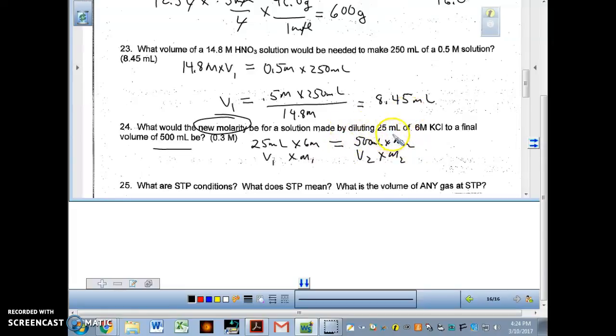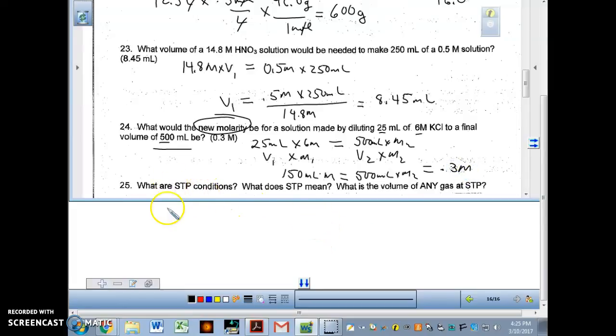Sig figs in this are atrocious because here's 1, here's 2, here's 1. So we're really looking at 1 sig fig here. So this side's going to be 6 times 25, about 150, which is milliliter molar. And this side is 500 milliliters times M2. Divide both sides by 500, and we get 0.3 molar.